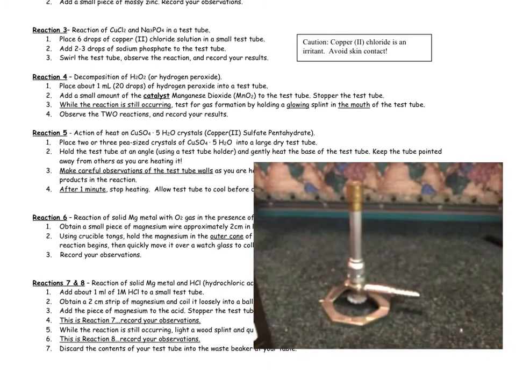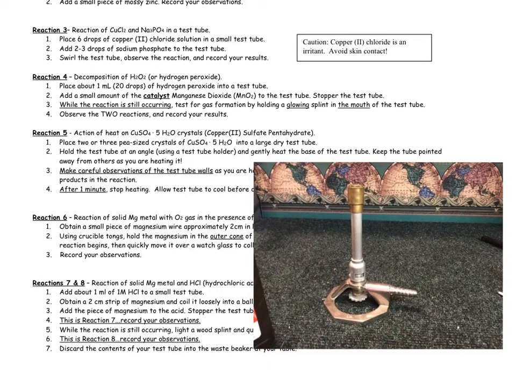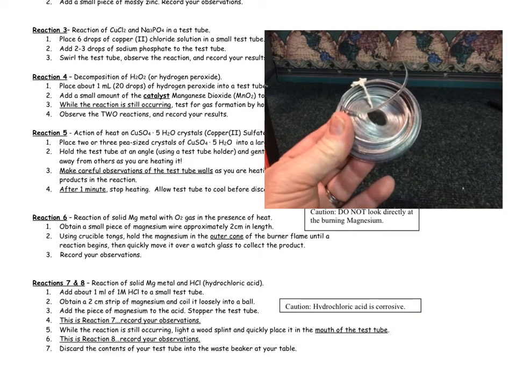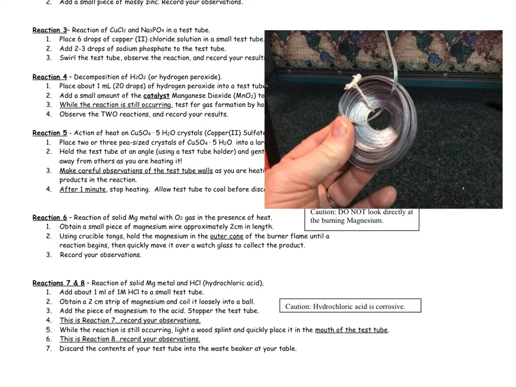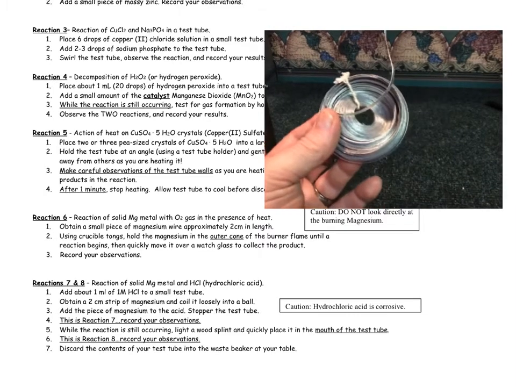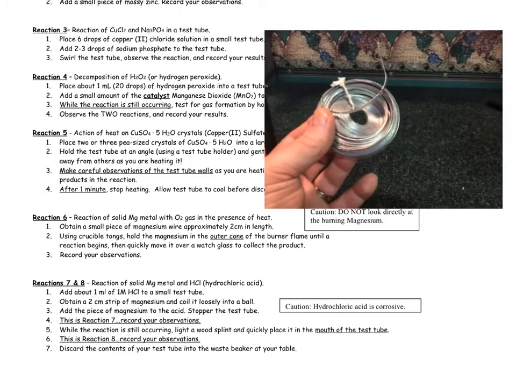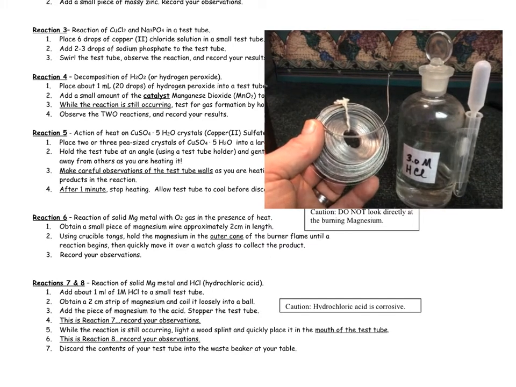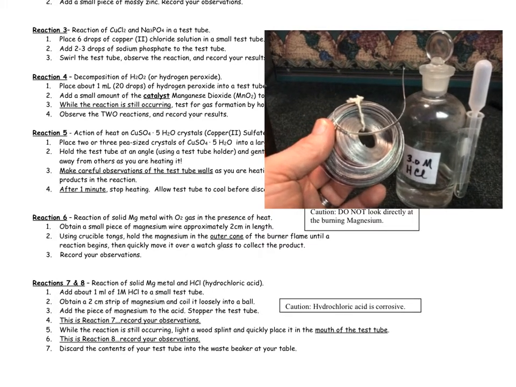And then reaction number 6 is between magnesium metal and oxygen. Reaction 6 is solid magnesium, which looks like this, with oxygen gas. And number 7 is a reaction between magnesium metal and hydrochloric acid. And there's going to be one more reaction that's going to be related to number 7.